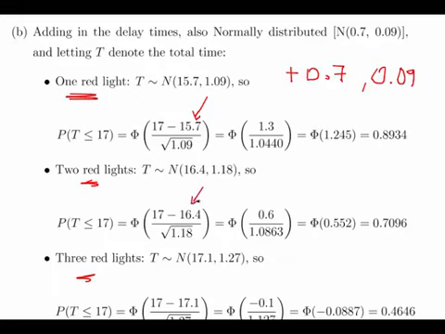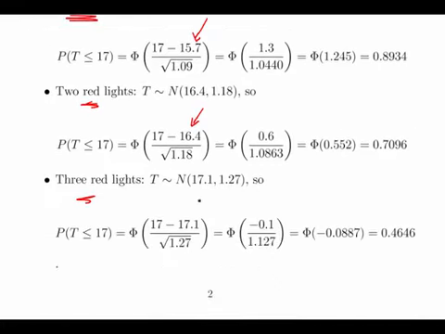Here, for 2 red lights, it's another 1.4, which brings it up to 16.4, and down here it is 17.1. So all 3 red lights, a mean of 0.7 for each of the 3 red lights, brings us up to 17.1.